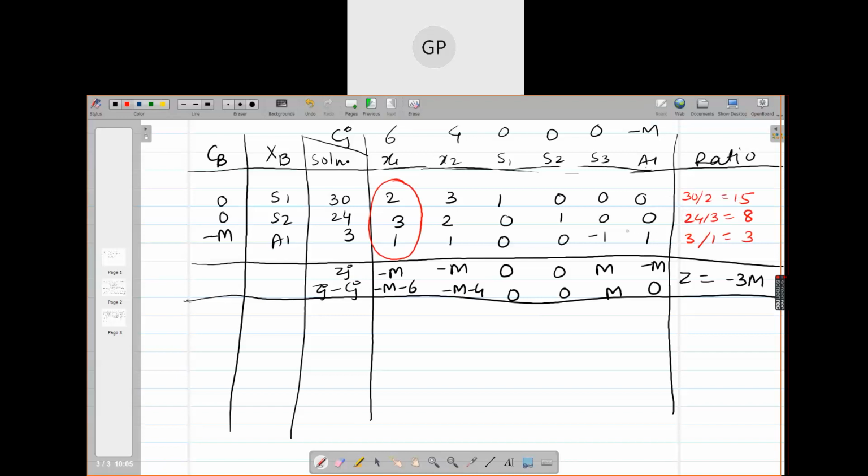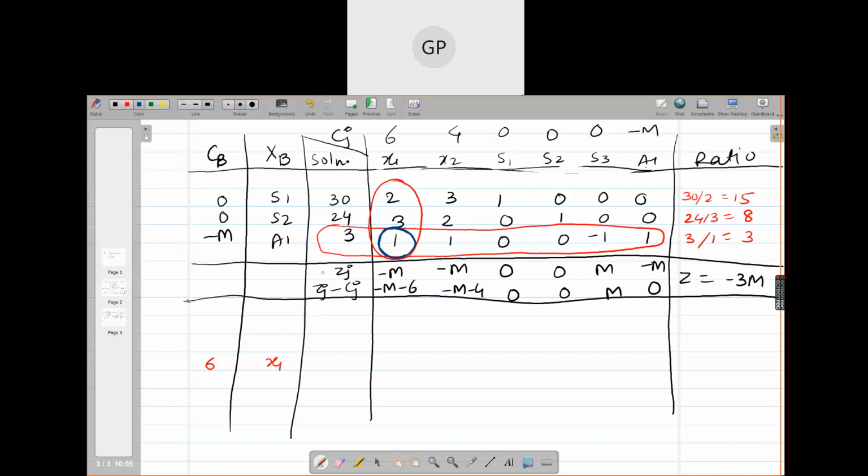So the minimum ratio is obviously third. So the artificial variable is replaced by x1. Okay, so I am writing x1 in place of a1 now. And the corresponding coefficient is 6. What is the pivot element here? 1. So do you have to do any operation here? It is already 1.